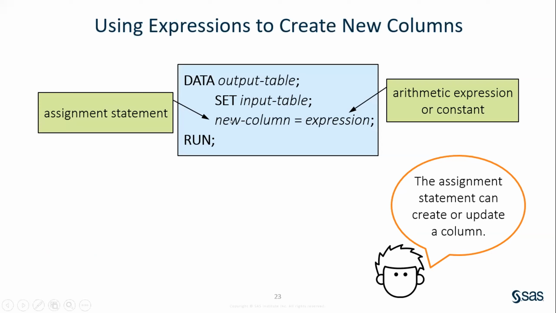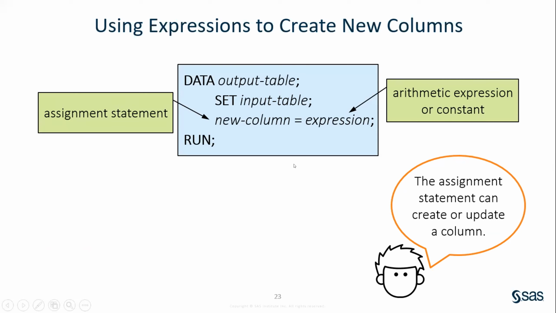The syntax is the new column name, written to the left hand side of your equal to sign, which is equal to your expression. This expression could be arithmetic or a constant. Why is it telling constant? In case you are creating a new column where you want to just give a value for it, that is also possible.